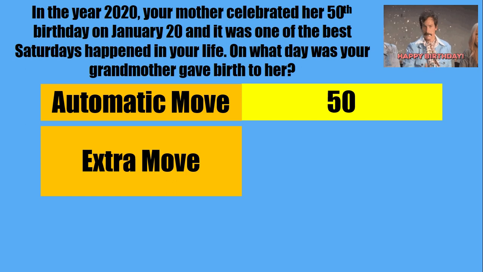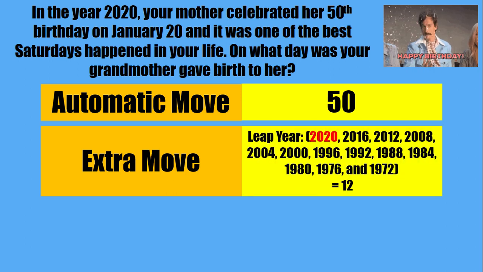So we have 2020, 2016, 2012, 2008, 2004, 2000, 1996, 1992, 1988, 1984, 1980, 1976, and 1972.